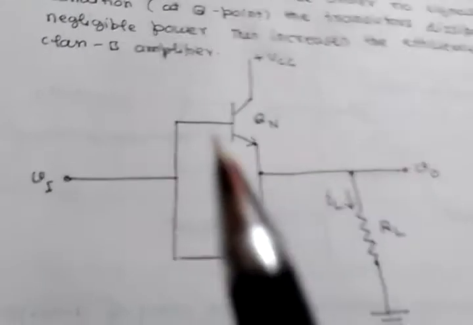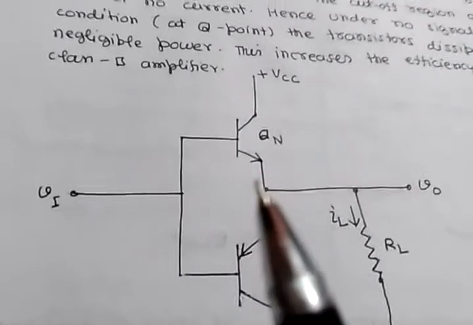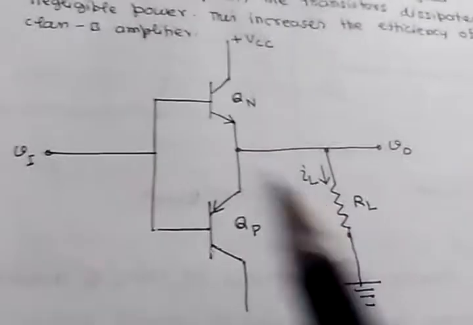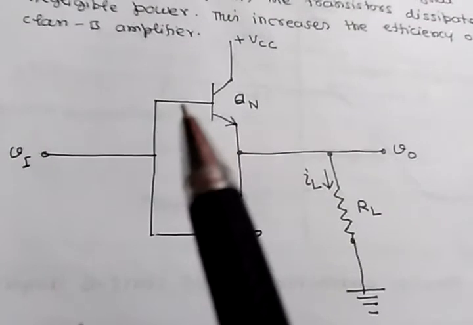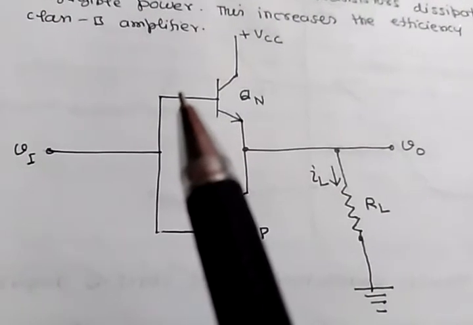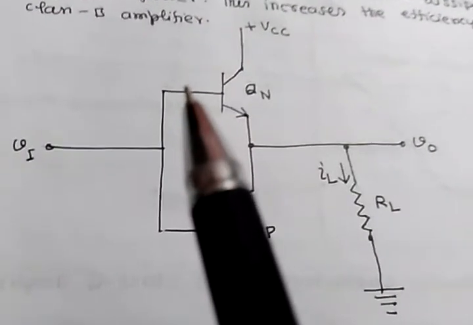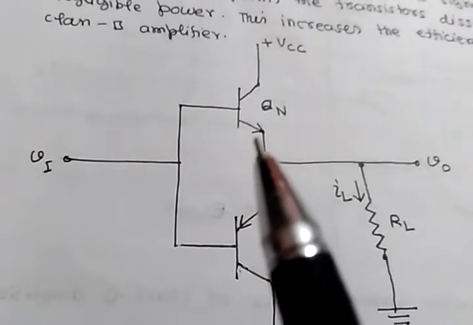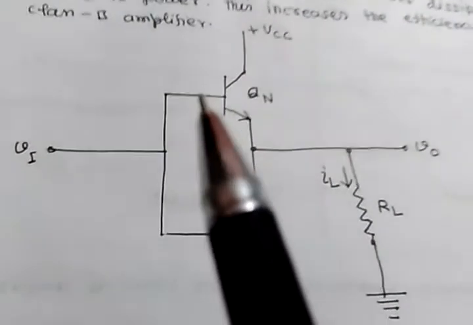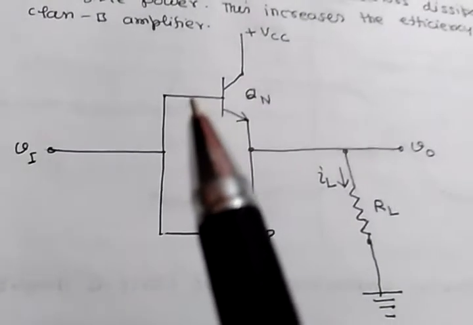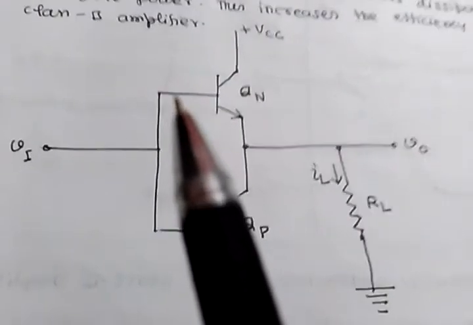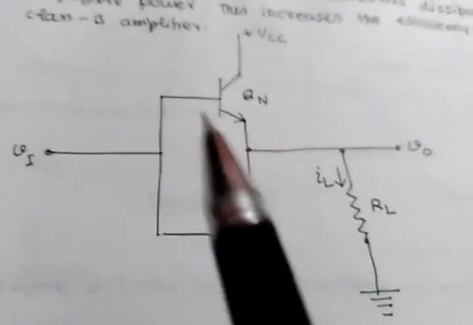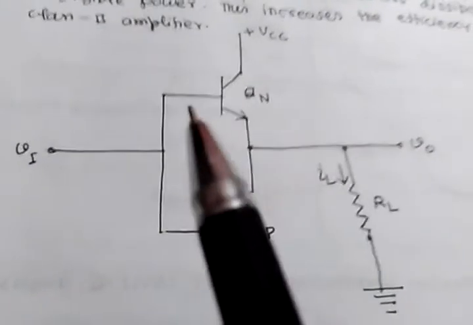Here in the emitter base junction, emitter is connected to the ground through RL, and base is at the positive level which is greater than 0.5 volt. Base is P region and emitter is N region. So since base is at higher voltage, P region is at higher voltage than emitter N region, so emitter base junction is in forward biased condition.